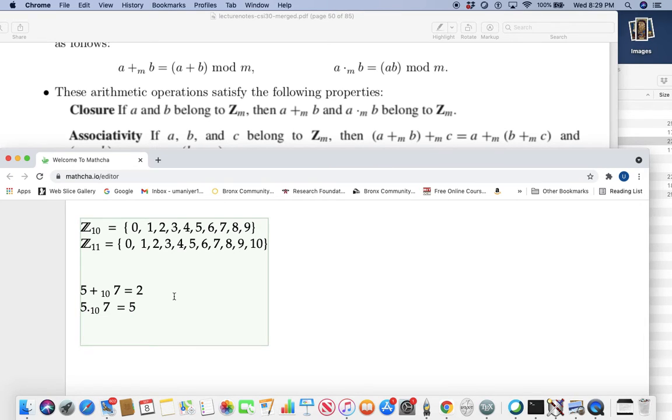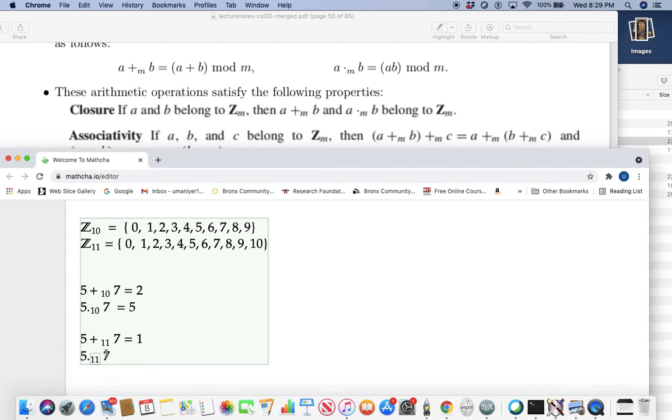Now let's look at the same two numbers in modulo 11. 5 plus 7 is 12. 12 divided by 11 has remainder 1. 5 times 7 is 35.